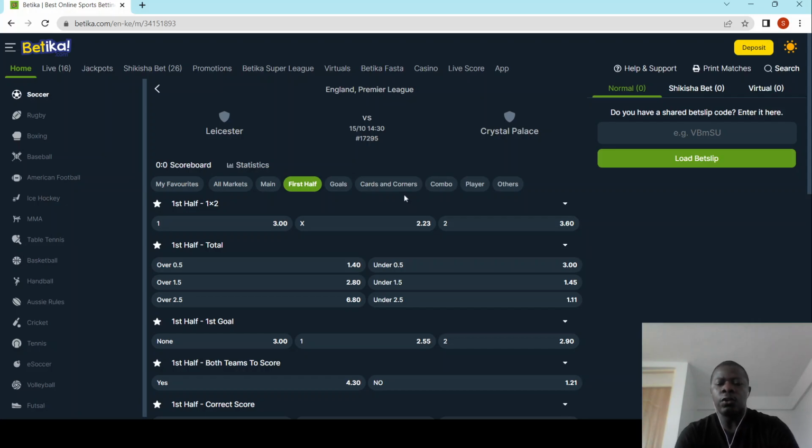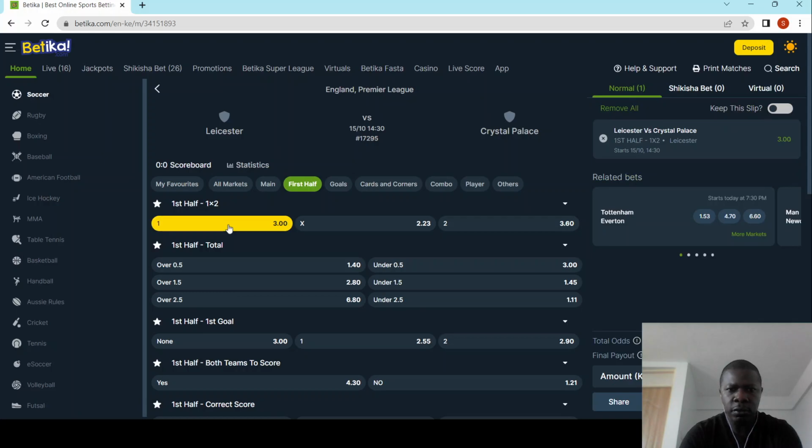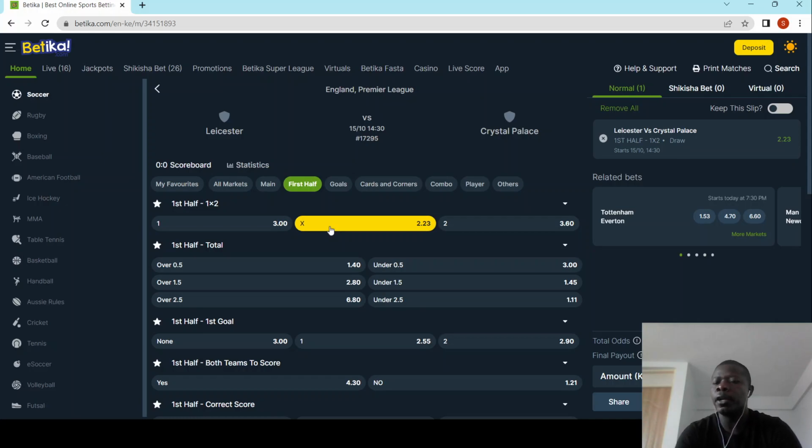So you can also place your bet based on that, on the outcome of the first half and on the first half alone. And this is how. For example, you can say in the first half, home team to win, or the game will end in a draw in the first half, or the visiting team will be leading.